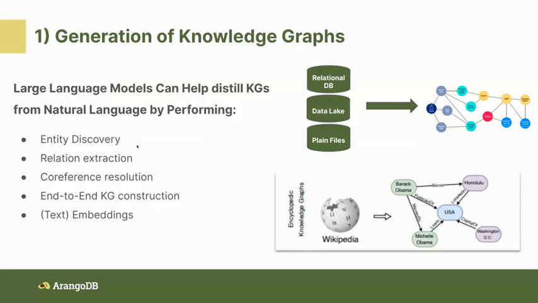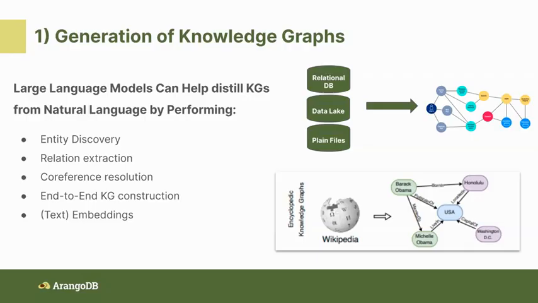And so going back to step 1, generation of KGs, you've got things like using LLMs to perform entity discovery. This means identifying entities within the text, which can include people, places, organizations. You've got relationship extraction, being able to create edges out of how the entities relate to each other or how they interact with each other, providing that into your KG.